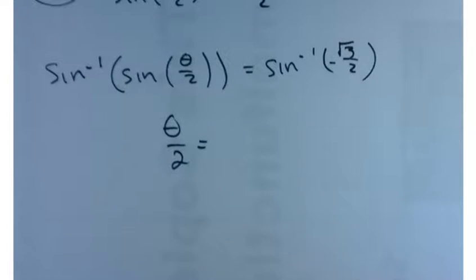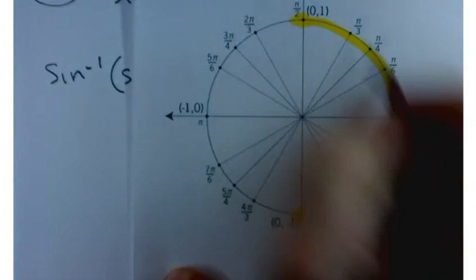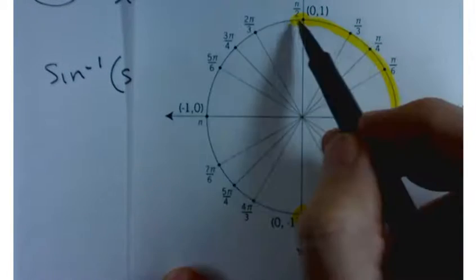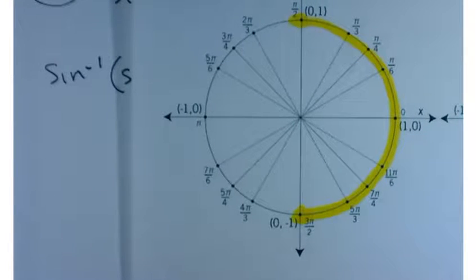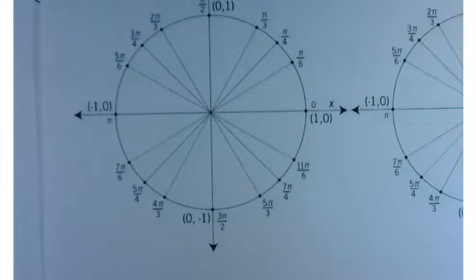With the sine inverse, let's keep something in mind. Sine inverse is going to give you a value in this range, negative pi over 2 to pi over 2. That's the range for the inverse sine. So in particular, we want to know where the inverse sine has a value of negative root 3 over 2.